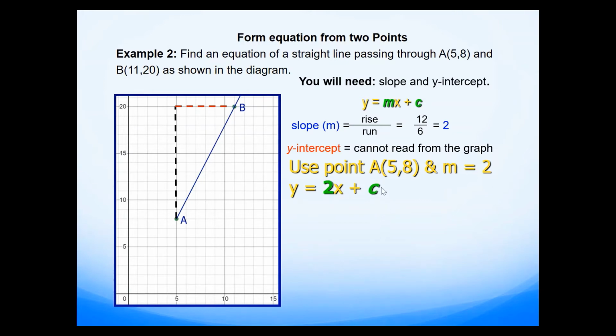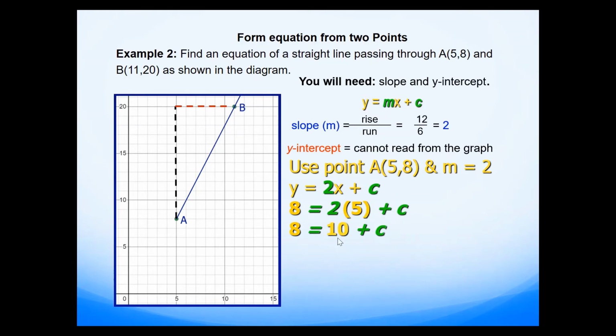So we need to find the value of the y-intercept. So I'm going to use point A. So 5 is the x coordinate and 8 is the y coordinate. So we'll substitute that. So y is 8, and then it's 2 times the x value of 5 plus c, and then we'll solve for c.